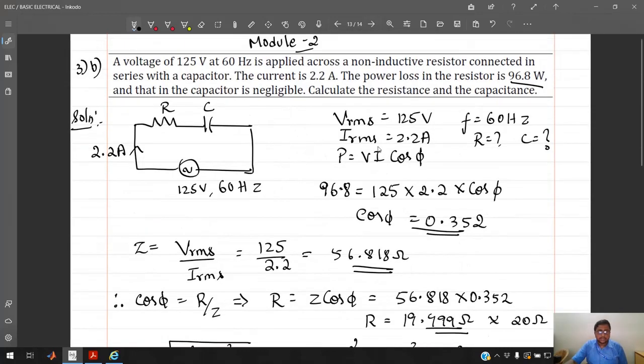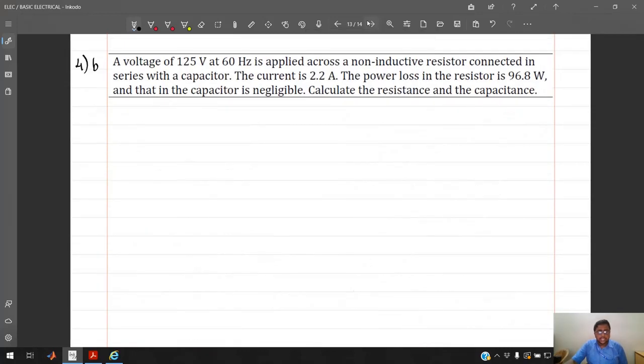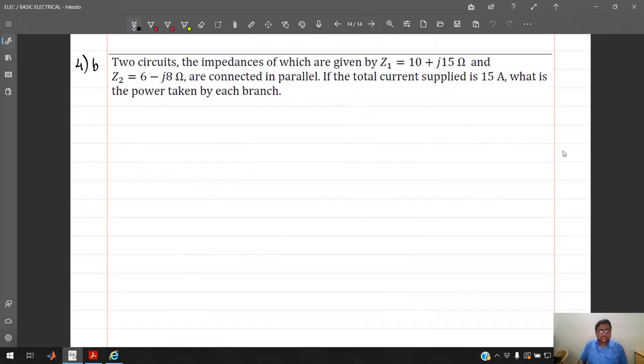So this is how you solve the problem for 3b. Coming to the 4b question, which is related to a parallel AC circuit and a complex problem. Two circuits, the impedances of which are given as Z1 equal to 10 plus J15, and they are connected in parallel. So Z1 equal to 10 plus J15 means that it is an RL circuit.